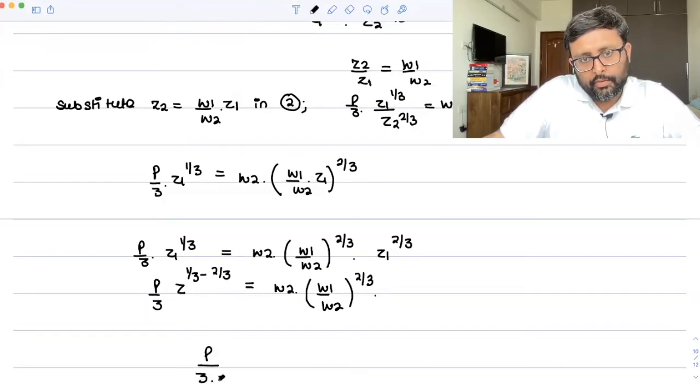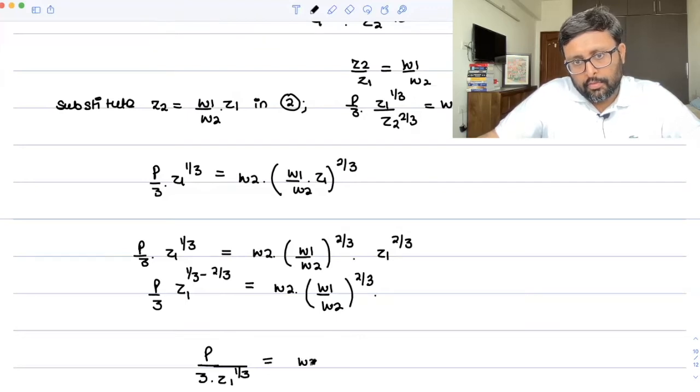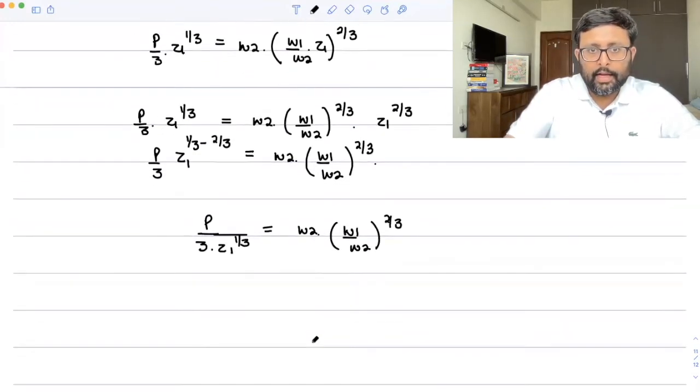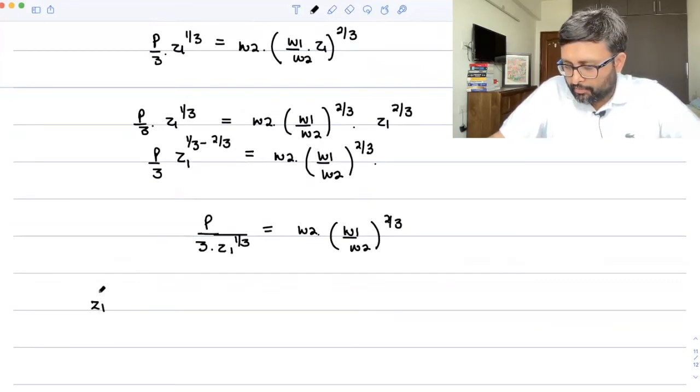P by 3. This is Z1, beta. And here I can get the value for Z1 after certain algebra, right?